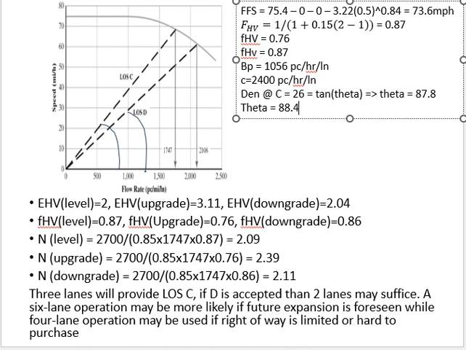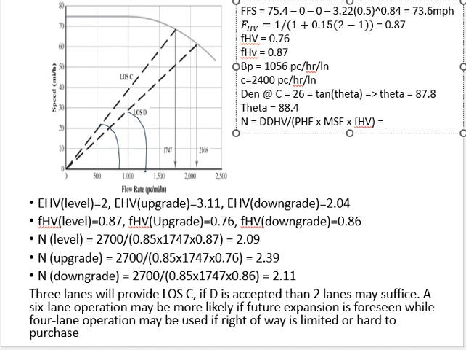Now remember the equation for number of lanes. DDHV given in the question is 2700. Peak hour factor given in the question is 0.85.